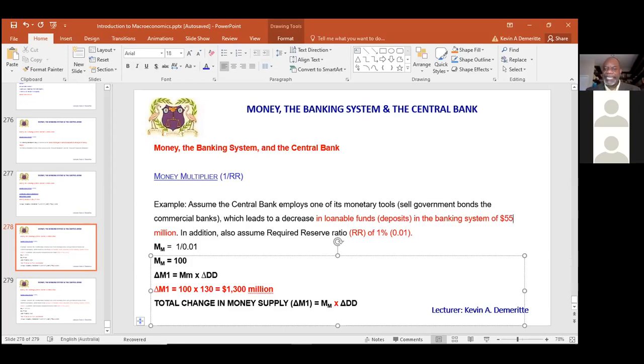So if banks have less money to lend out, you would expect the total amount of money supply would go down. Right? So let's say the central bank sells bonds to commercial banks, which leads to a decrease in loanable funds of 55 million. In addition, let's assume a required reserve ratio of 5%. That means when we divide that by 100, we end up at 0.05.